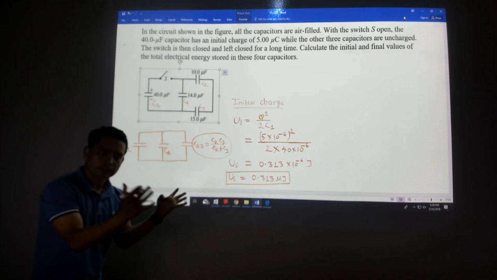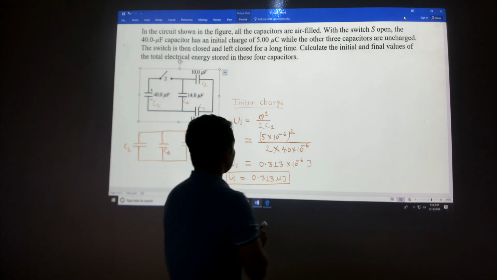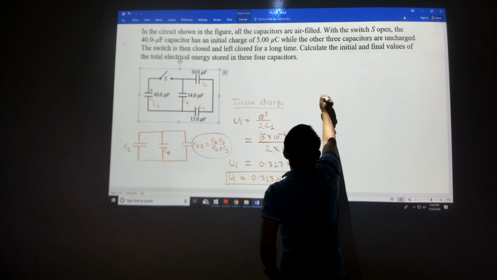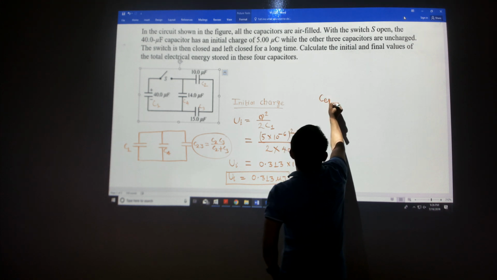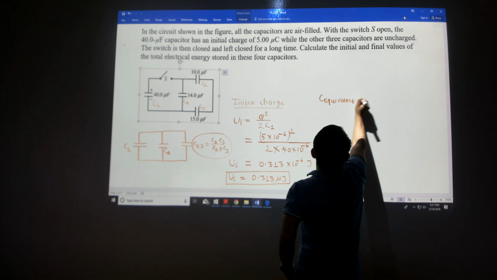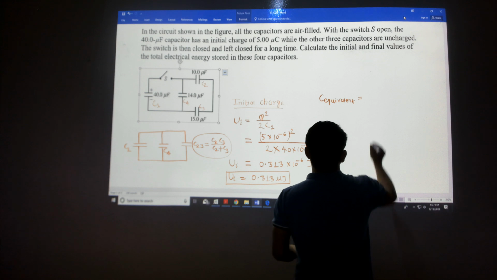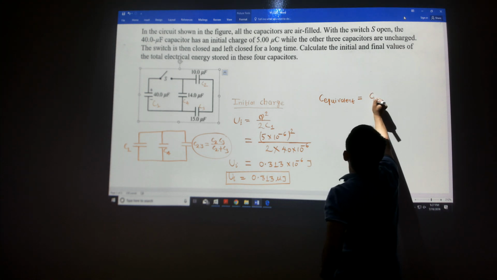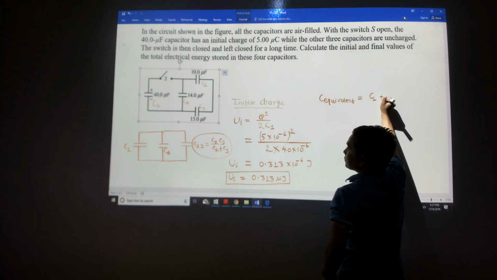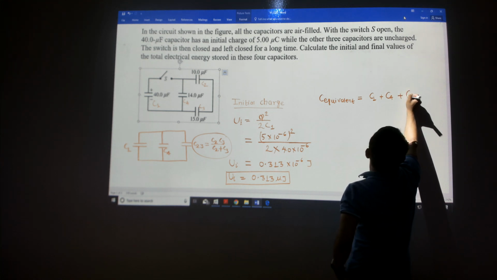So how do you find the effective capacitance, or the net capacitance? The equivalent capacitance, C equivalent, since all are in parallel, is C1 plus C4 plus C23.